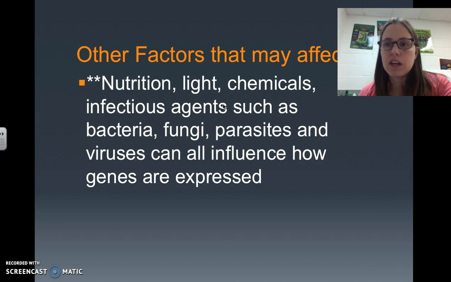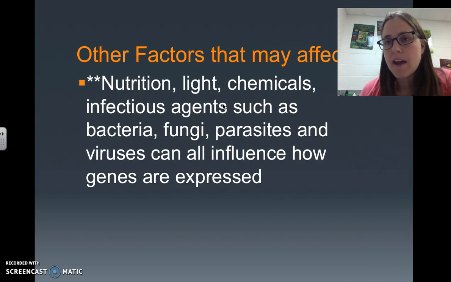Sometimes some genes are muted, meaning they're cut out and they're not used because of viruses or bacteria, and sometimes they're enhanced, so you're going to end up being taller, or let's say your skin color might be lighter because of the viruses or the parasites or the bacteria. So these environmental factors can change your genes and affect the phenotype we end up seeing. Genetic science is not a perfect science. There are definitely other factors that affect it. So I just want you to understand that.